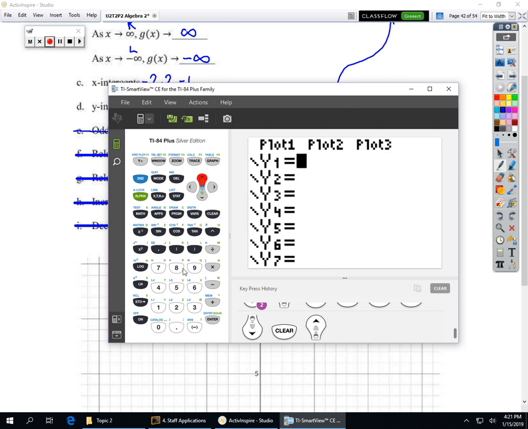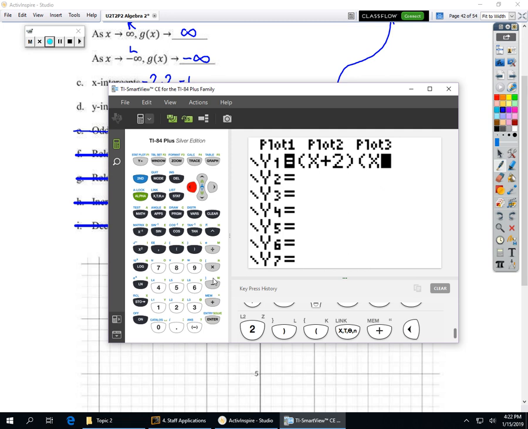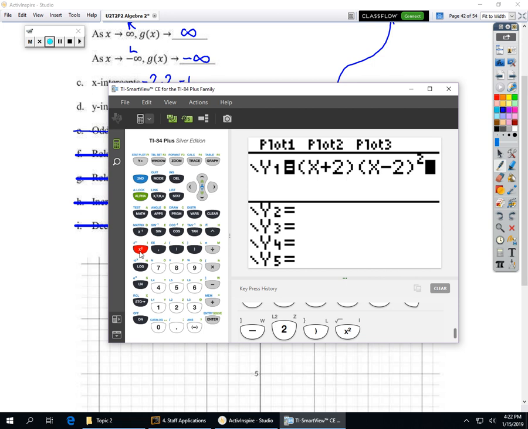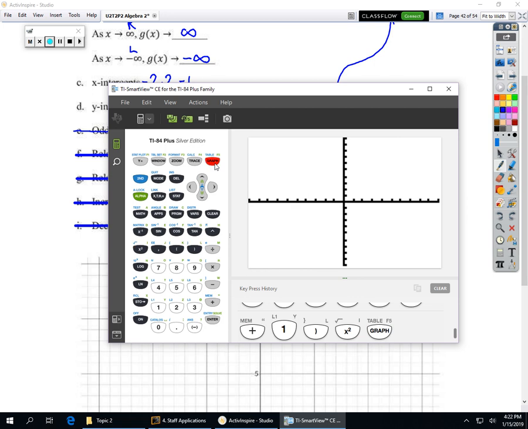So just putting in the function. Oops, not plus. -2, there's a square button there. And (x + 1) squared. It should be good. Graph it. That's pretty big.